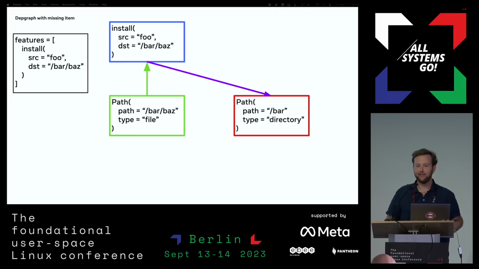And now I query it for its requirements, and I see it requires something that's a directory at /bar. And I colored it red here because that doesn't exist. So it will fail before we even touch the file system and tell the user exactly what happened, that their install feature required this directory bar, and it didn't exist.